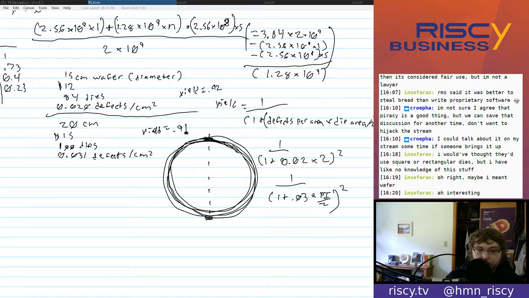Next, we need to find the cost per die for both wafers. So isn't that just going to be the cost of the wafer divided by the number of dies?